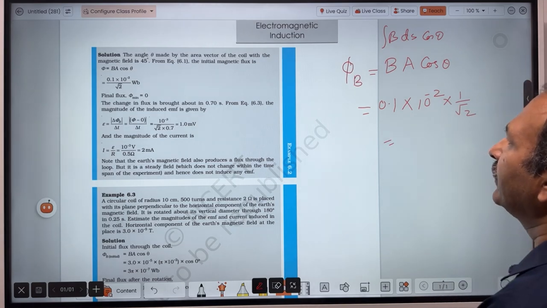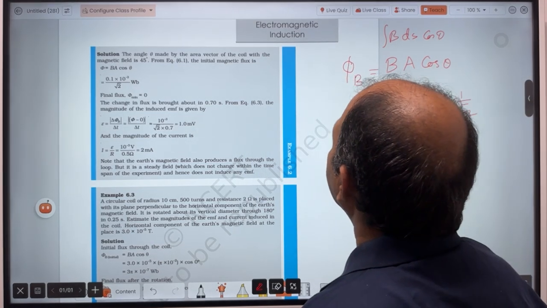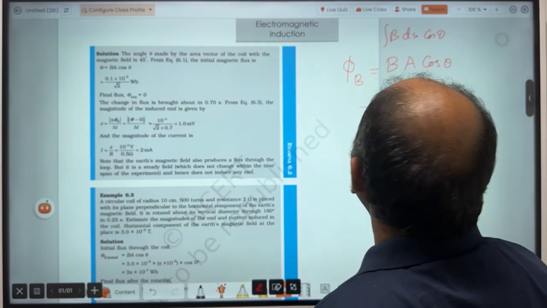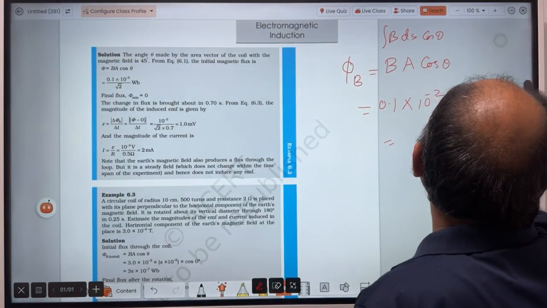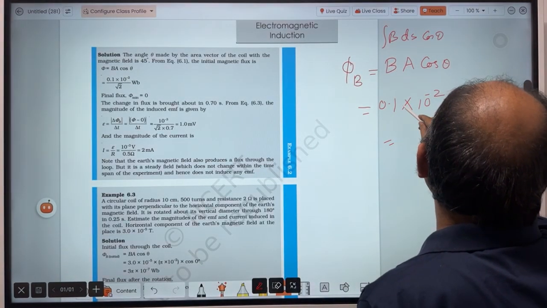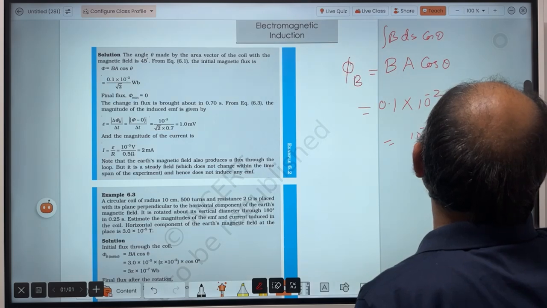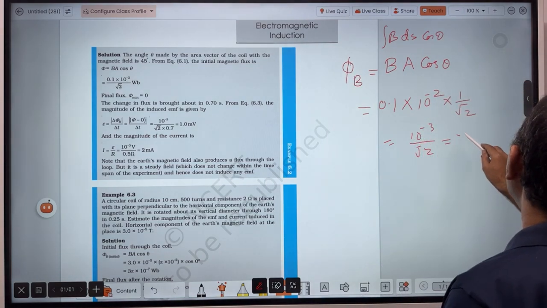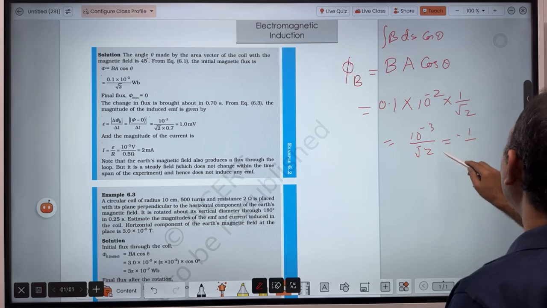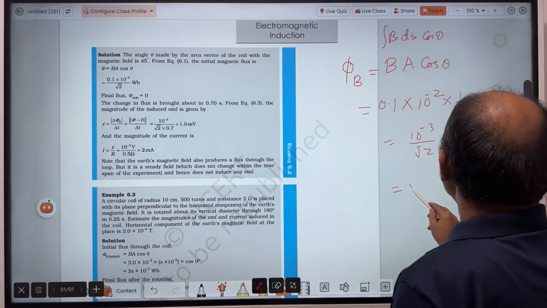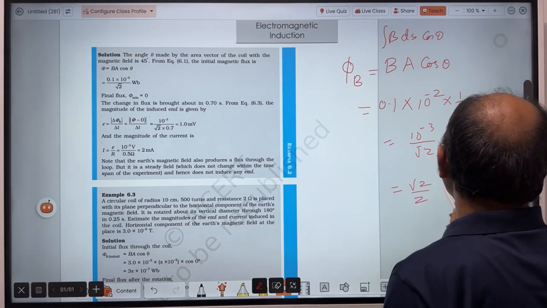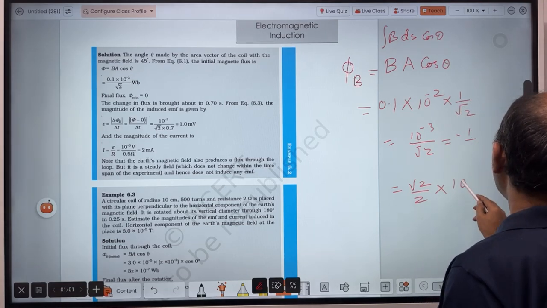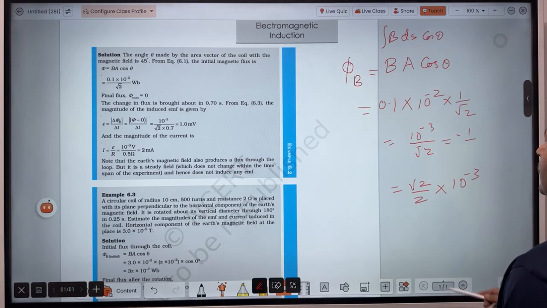So if we simplify, this will become 10 power minus 3 divided by root 2. Then further, we can rationalize it. So root 2 divided by 2 into 10 to the power minus 3 Weber.